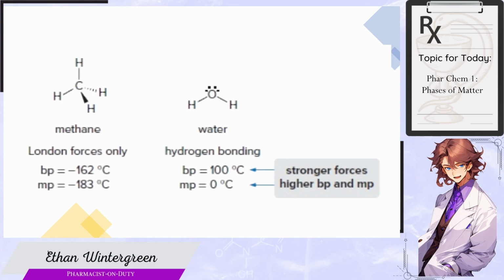Another one is methane and water. Methane is a largely nonpolar compound and it only exhibits London forces. If you compare the properties of methane and water, water has a very high boiling point of 100, while methane has a boiling point of negative 162 degrees Celsius. The melting point of water is 0, and the melting point of methane is negative 183.